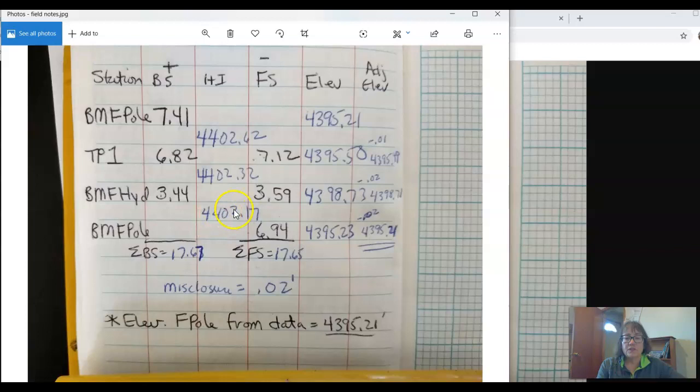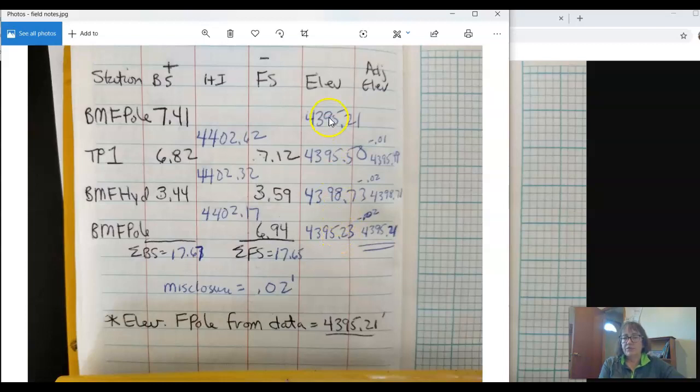To finish off this pattern then, I would take the back sight from that point and add it to get the height of the instrument, the forward sight from that point, and subtract it to get the uncorrected elevation. Now what I see is that the flagpole started out at 4395.21, ended up in an uncorrected way at 4395.23, meaning that it's 2/100ths too high. And I know that didn't happen.